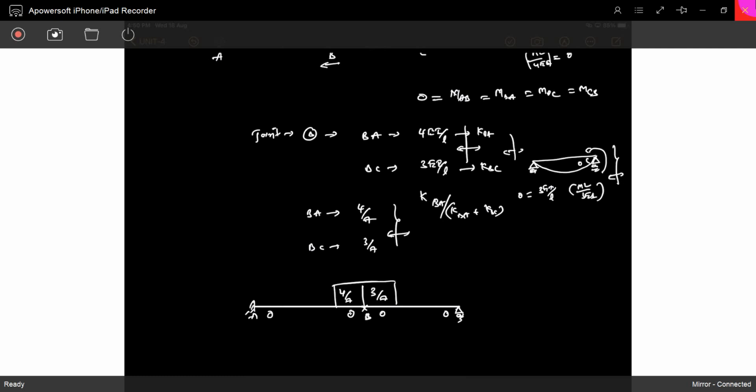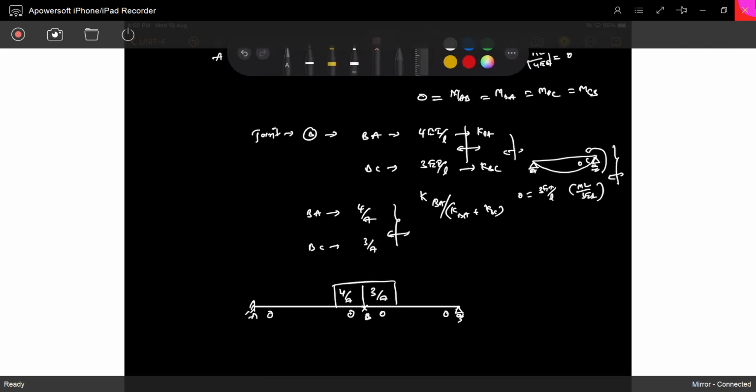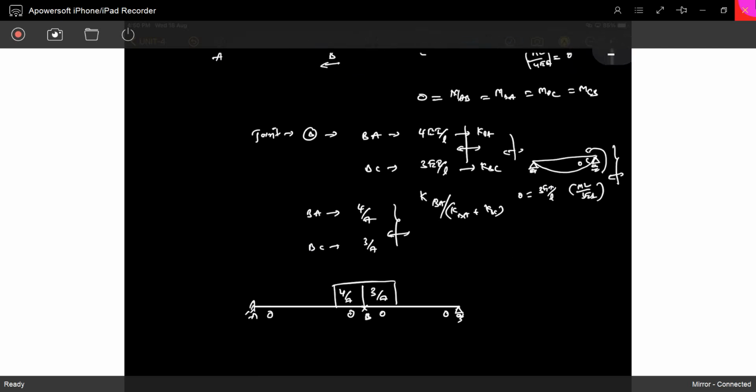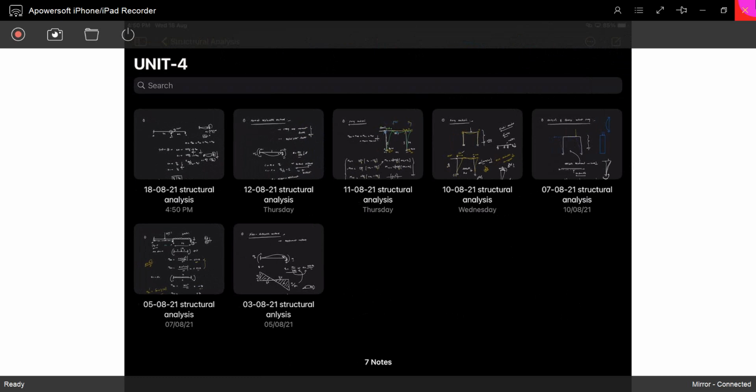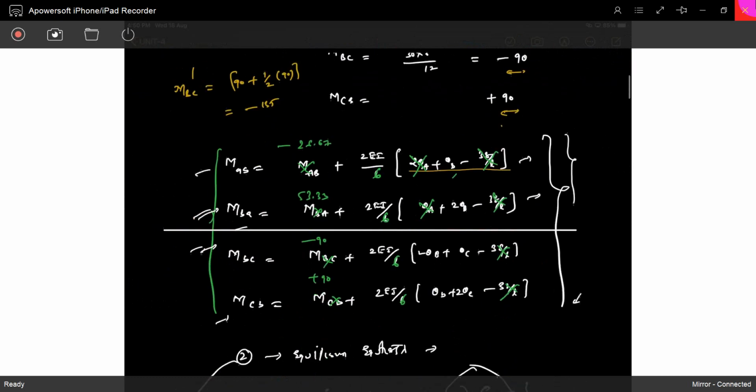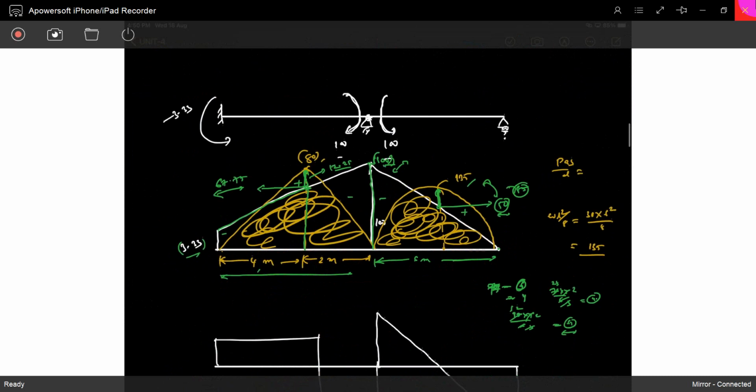Previously we solved problems in the slope deflection method when a concentrated moment is acting.